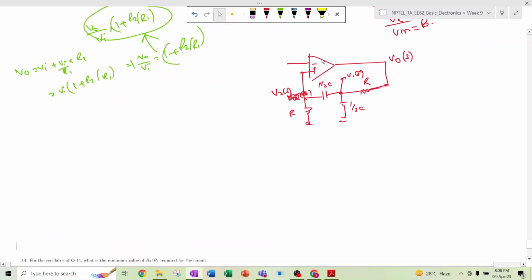Here we can write the current flowing through this plus this is equal to 0 according to KCL. So V1S minus VXS divided by 1 divided by SC.